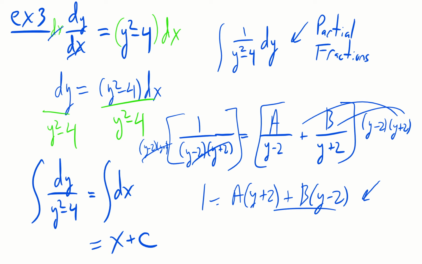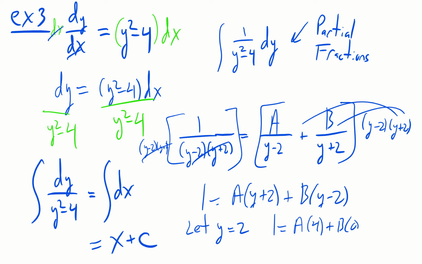I'm going to use the simpler method in this case, and that's picking some values for y. For example, if we let y be equal to 2, then plugging 2 into this equation, 2 plus 2 is 4, and b times 0 is 0.